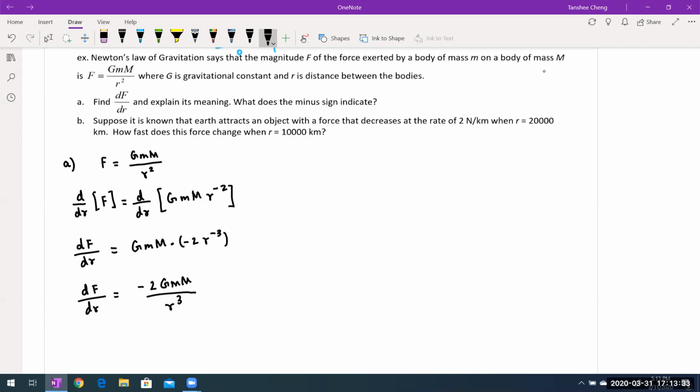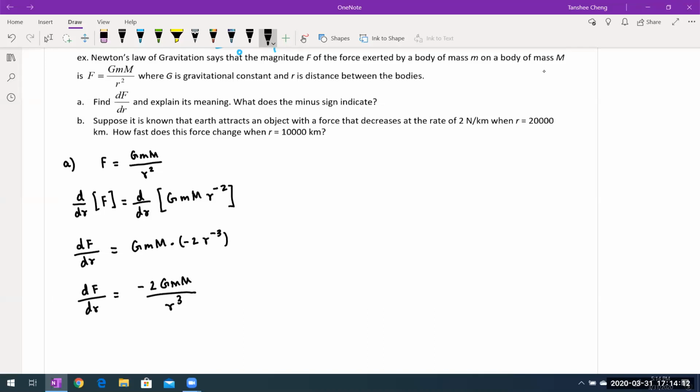Now, the question is, how do we interpret this? What does this mean? I explained earlier what this formula is doing. You have two objects with different masses, or it could be the same mass, but the force between these two masses gets stronger when the distance between them is close. The attraction between these two masses is weaker when the distance between them is far apart.